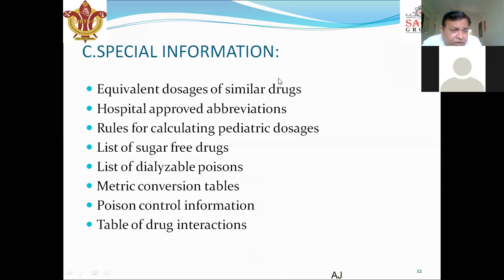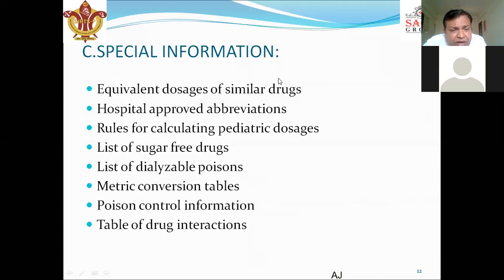A list of dialyzable poisons is very important, and to avoid keeping this type of medicine in the same place with other medicines, a separate place or separate window under lock and key is required. Now, metric conversion tables must also be there.